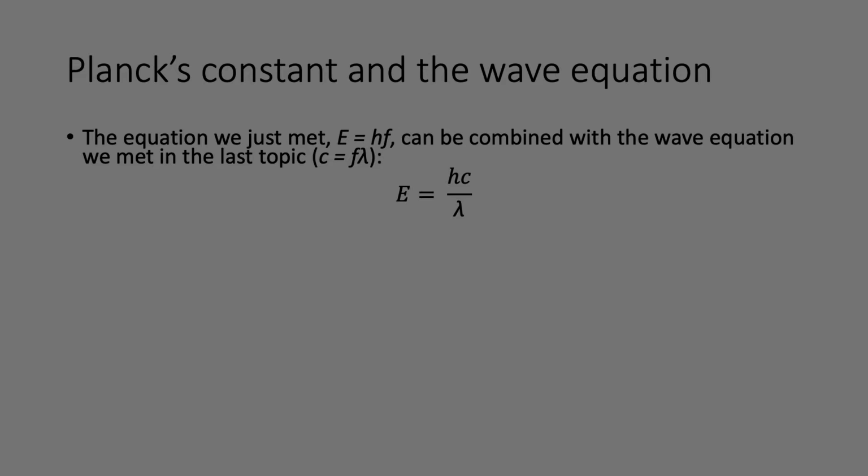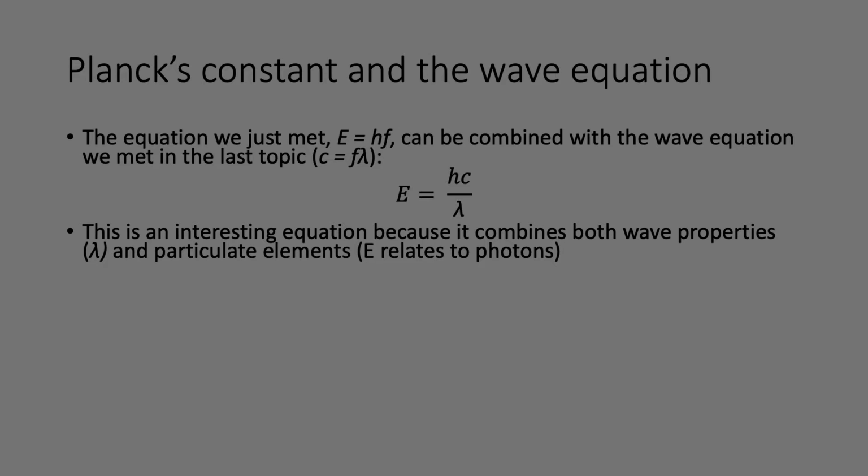Now this is a really interesting equation because it's got terms which have wave properties and terms which refer to particles. So E is relating to the energy of photons. So photons, that's a particulate behavior, but it's also talking about wave properties, the wavelength. So this equation links particle behavior of EM radiation with the wave behavior of radiation.